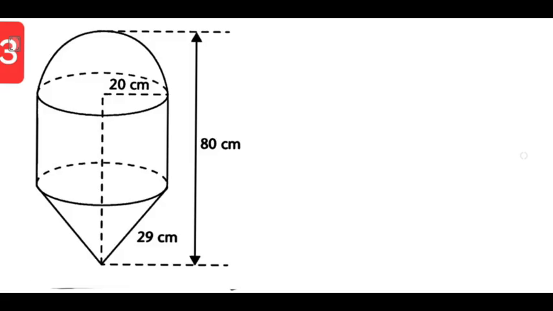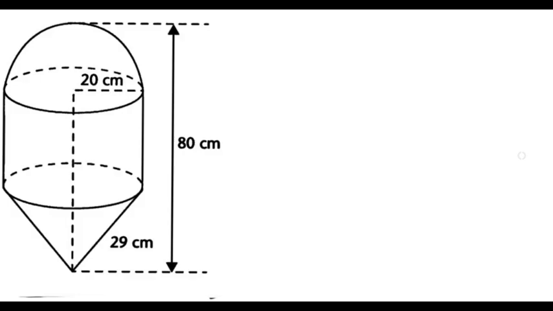Need to find the volume and surface area of this shape. Must remember the figure is a composite of a hemisphere, a cylinder, and a cone. Hemisphere on top, this is a cylinder, and at the bottom is the cone. For the volume formulas, for the hemisphere we need a radius, which we have, for the cylinder we need the height, which we'll find here, and for the cone we need a perpendicular height, which we need to find here.